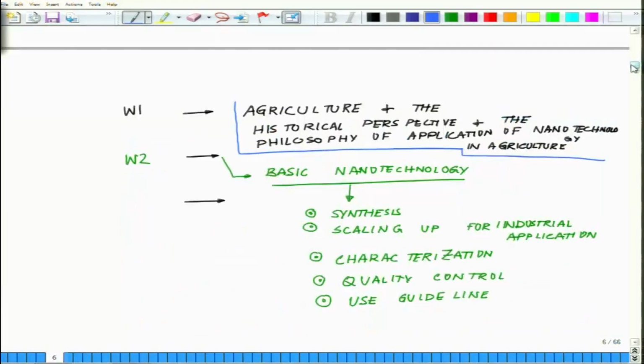Since we are in the first week at this time, we are talking about agriculture, the historical perspective, and the philosophy of application of nanotechnology in agriculture. So, coming back, this is the layout we have talked about.